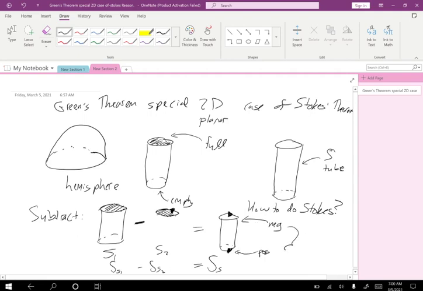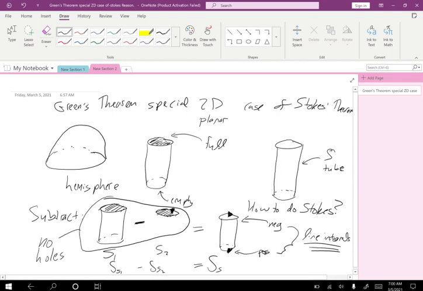These are for the line integrals. So that's the idea. If you have a domain with holes, you start off with domains without holes, and you do a subtraction to get your domain with a hole.